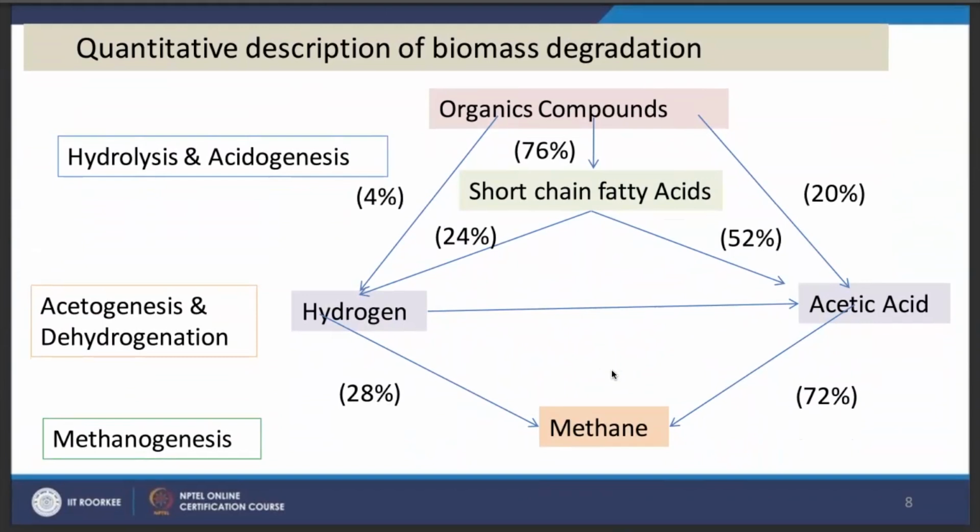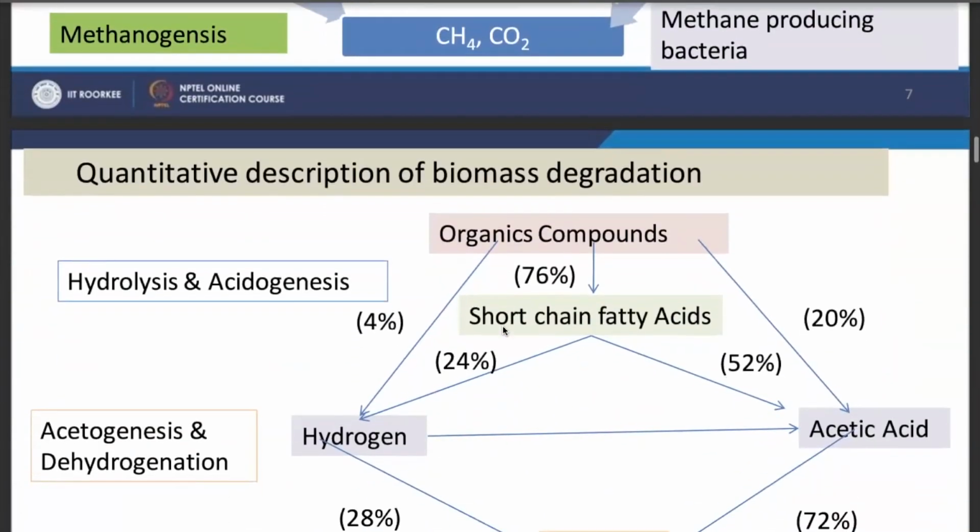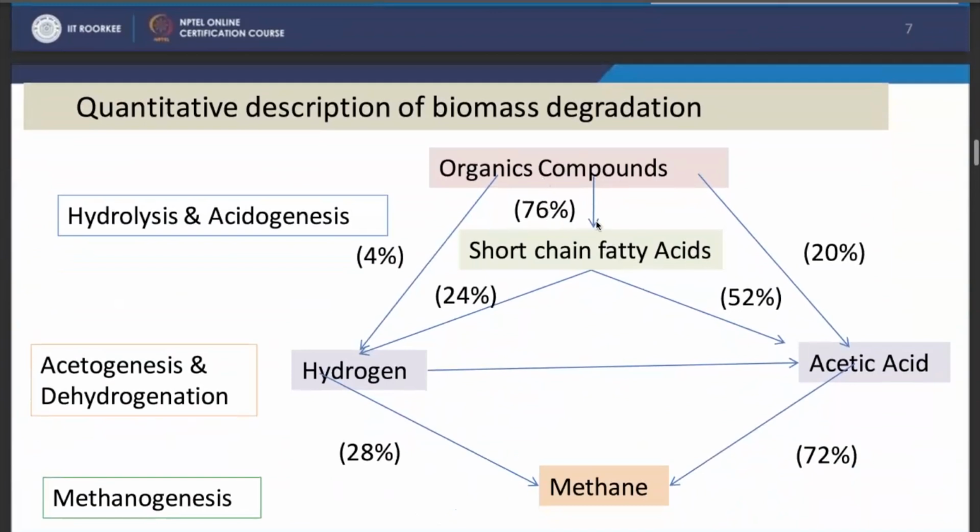So for example, if you have 100% of organic compounds and you are subjecting it to hydrolysis and acidogenesis, as you have seen here, this is the hydrolysis step and this is the acidogenesis step. After this step, almost 76% of the organic compound or waste material which you have taken is converted into short chain fatty acids, right, with the help of microbes.